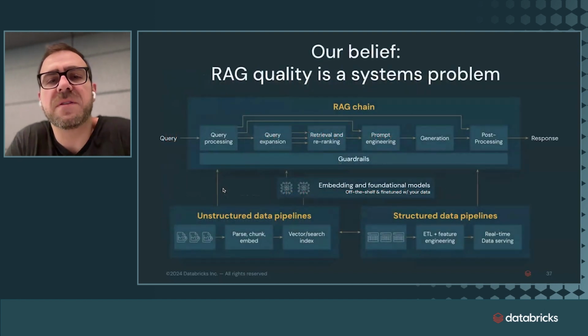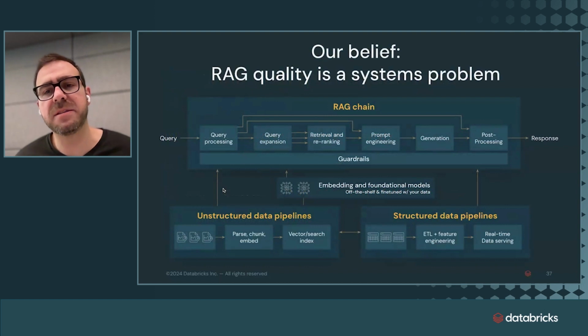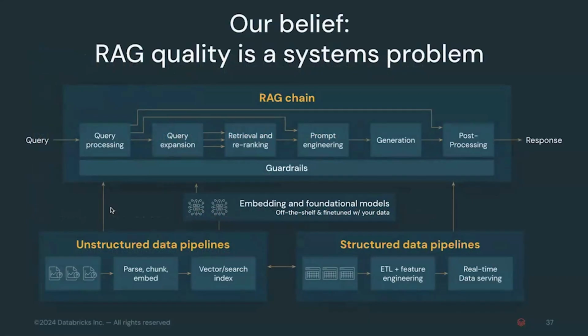Our belief here at Databricks is that RAG quality is a systems problem. Now, model quality, of course, is important, but model quality is not sufficient to have a high quality RAG application. We believe it's one part, how do you prepare your unstructured and your structured data? It's one part, which foundational and embedding models do you use, off the shelf or fine-tuned?